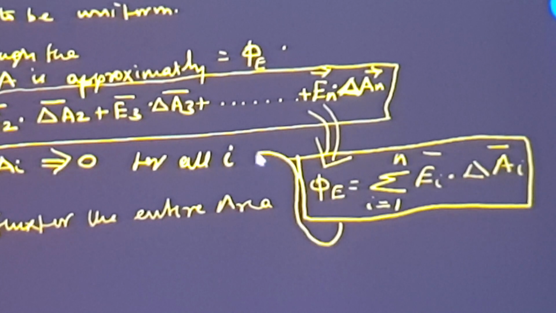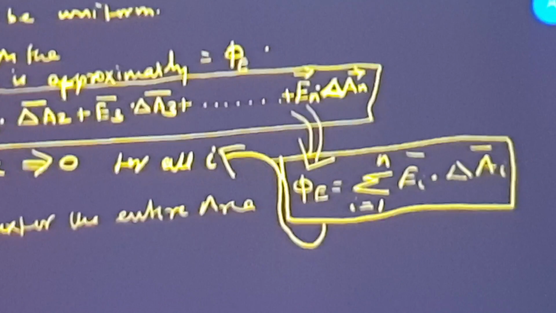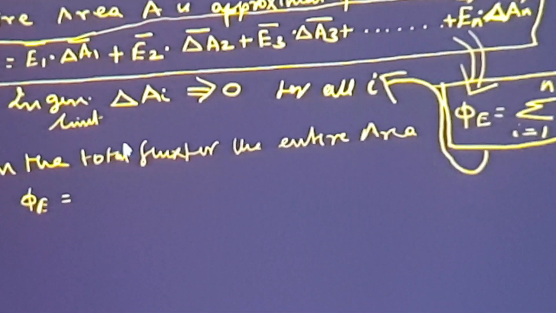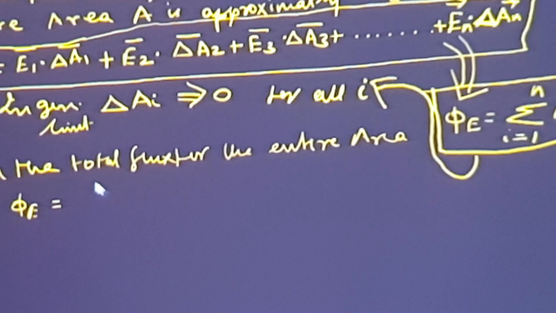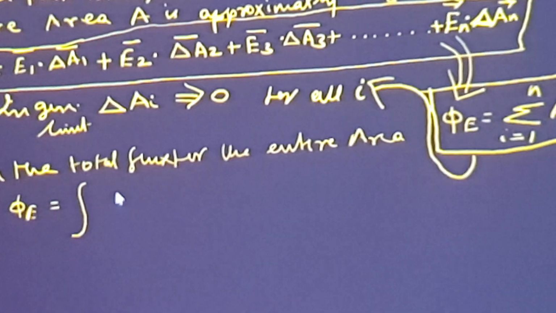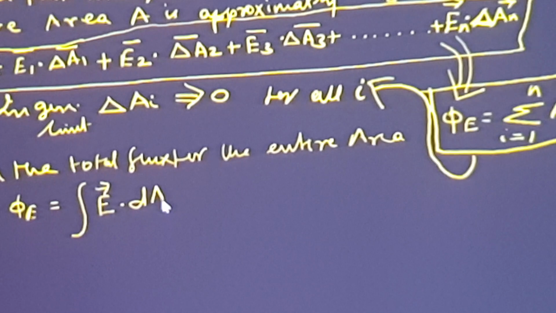After this you apply the approximation. What is the approximation? In the case of the limit, if delta A i tends to 0 for all i, then the total flux is phi E equal to the integral of, instead of sigma, because delta A i is taken to be very small, the integral of E vector dot dA vector.